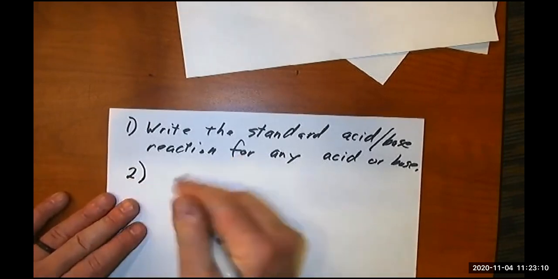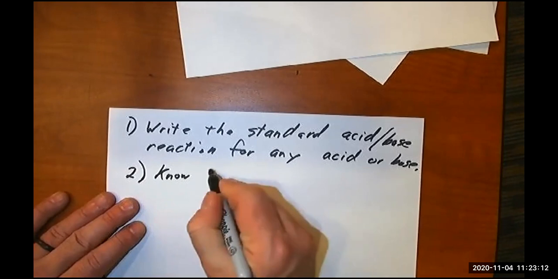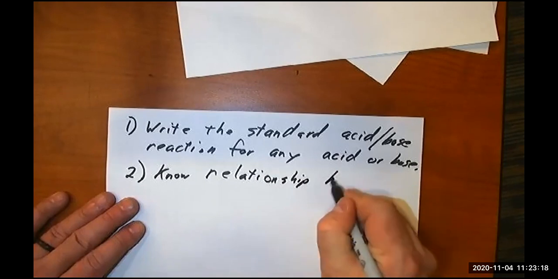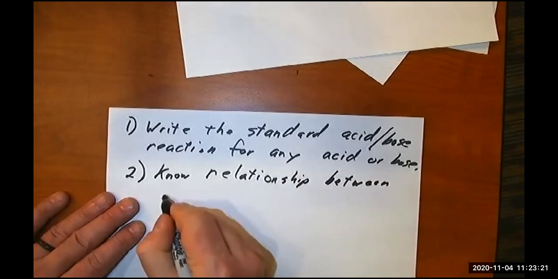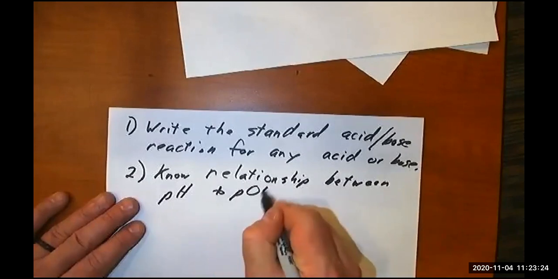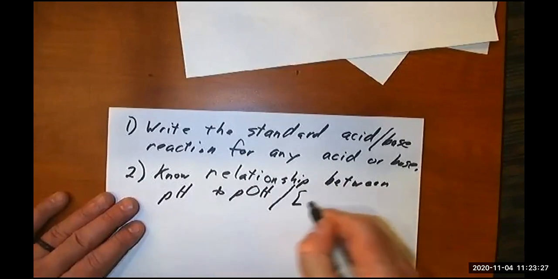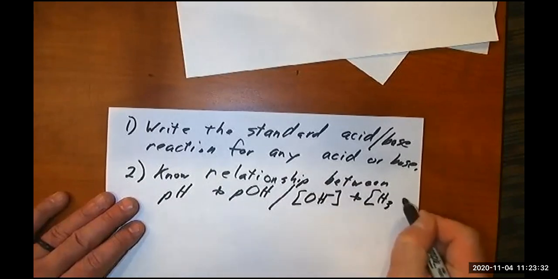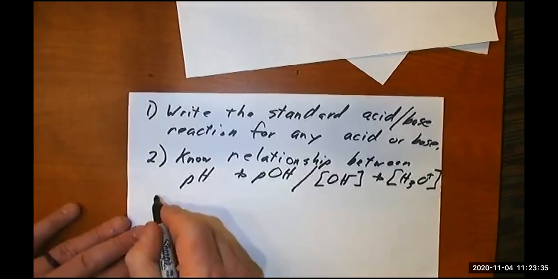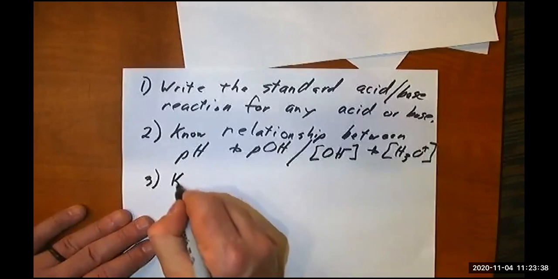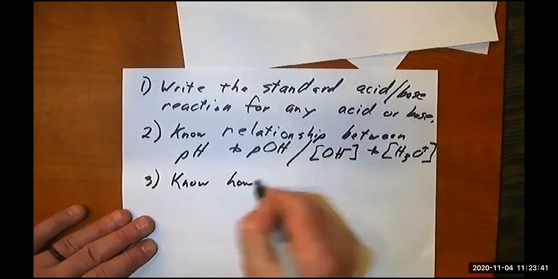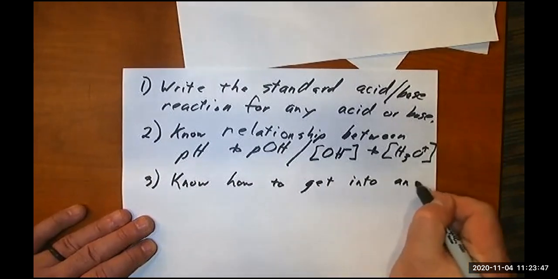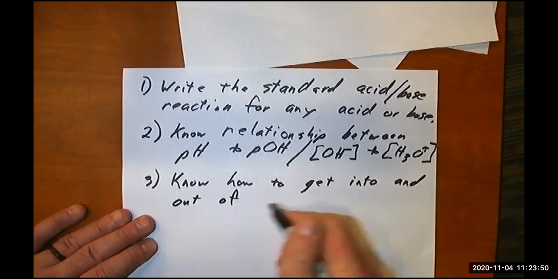Secondly, you need to know the relationship between pH and pOH, or the relationship between the concentration of OH minus and the concentration of hydronium ions. You need to know how to get into and out of P scales.